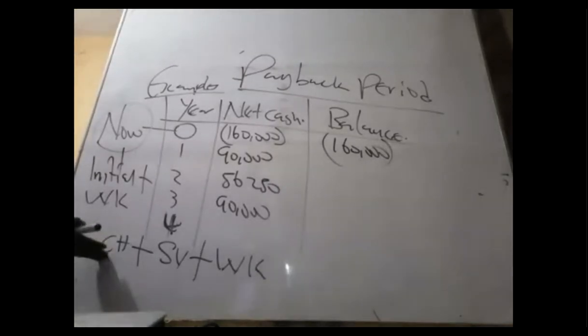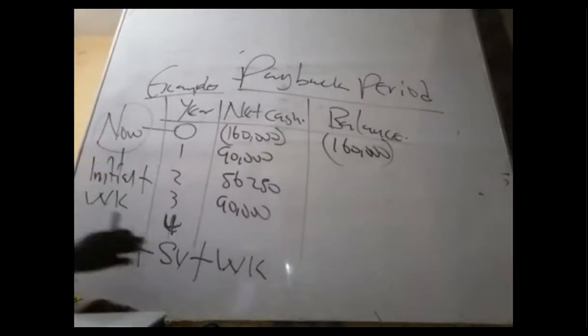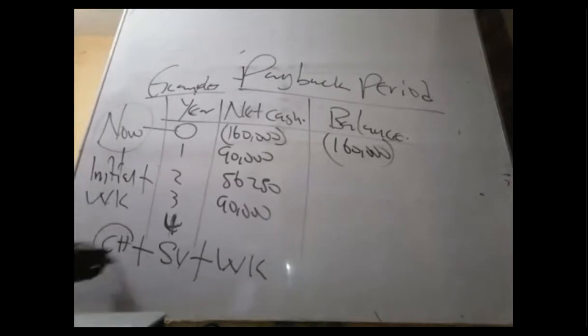Okay, so that year's cash flow. So year 4, if it is the final, we check the final year. Don't forget, take that cash flow, add the scrap value, add the working capital to it, and then you are done. In this question, the last year's cash flow is 25,000.